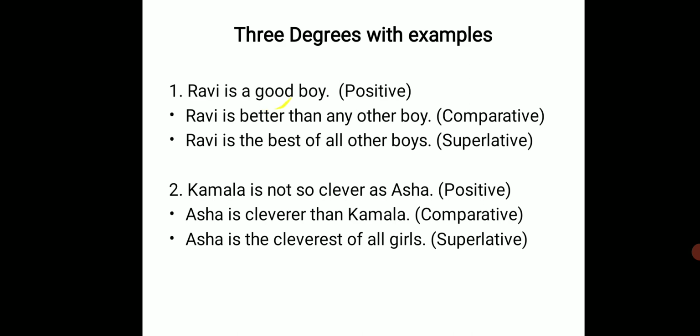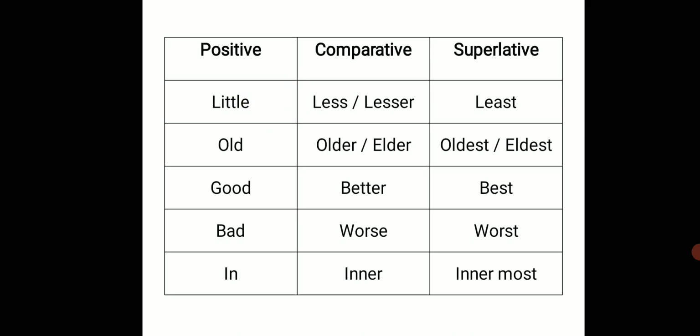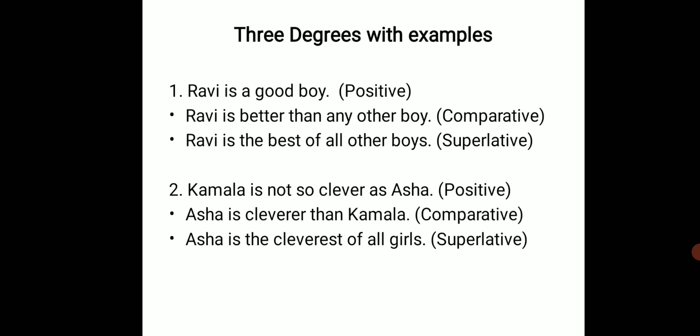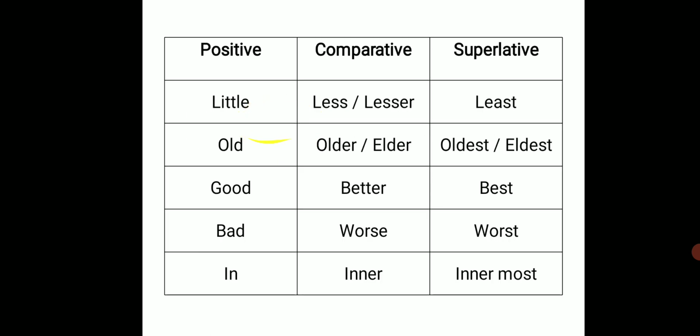So here, good, right? Ravi is a good boy. Now good in comparative degree is considered as better, and along with that, better than. This is the key. ER or R plus than. This is the key in comparative degree.